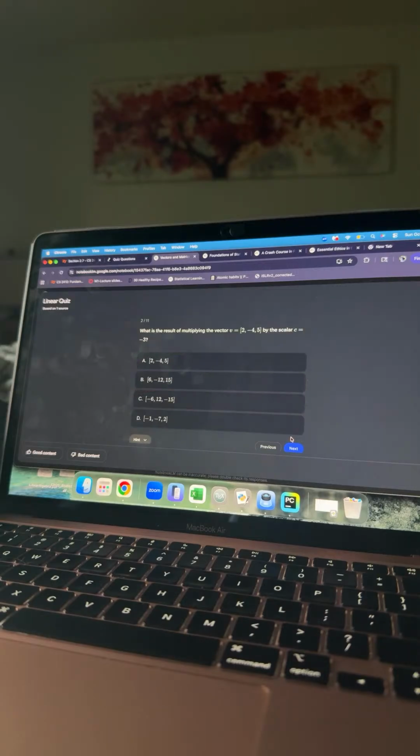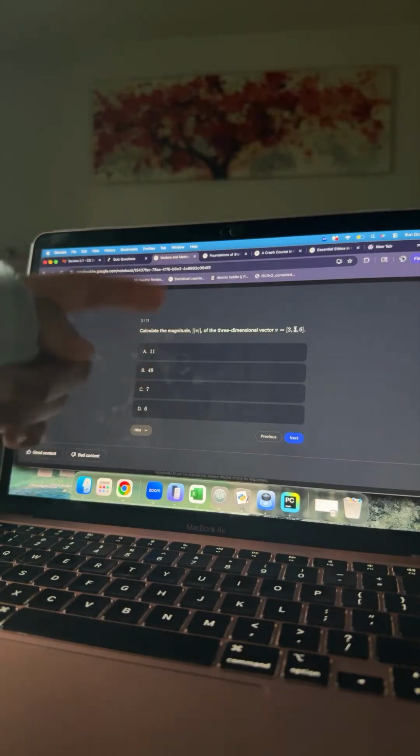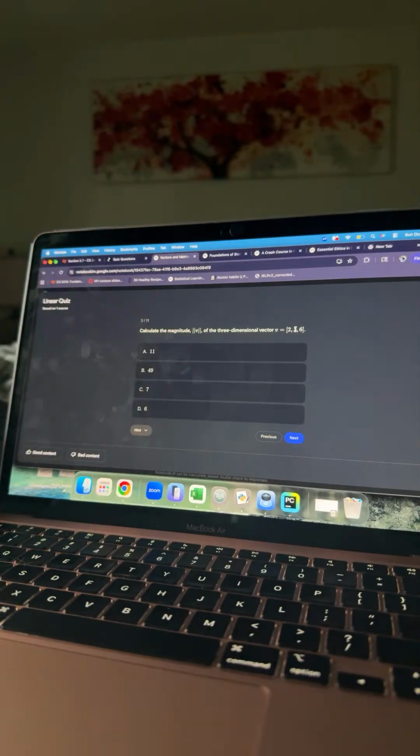All right, so C equals -3. Obviously, -6 first, right? You're gonna have to do the whole computation. So calculating the magnitude, to do that, we just multiply the vector by itself. So 2 times 2 is 4, plus 3 times 3 is 9.